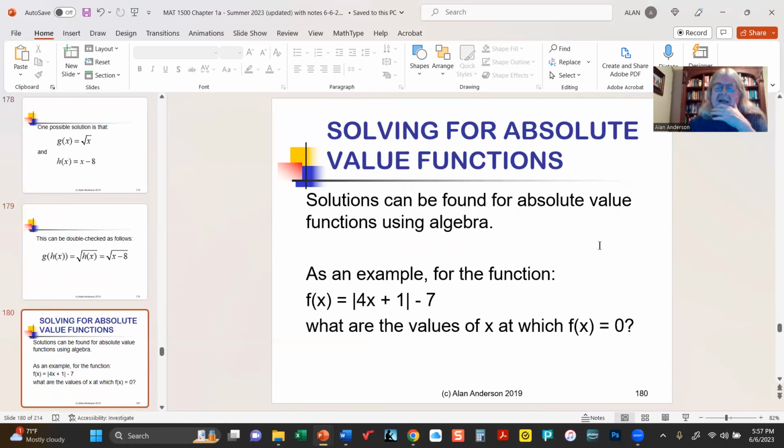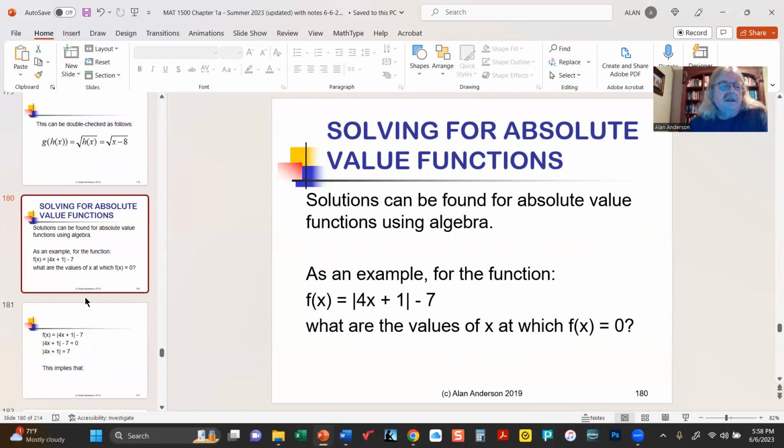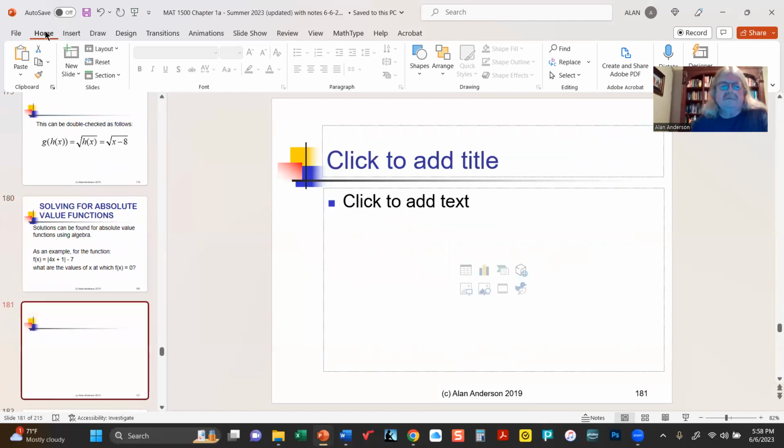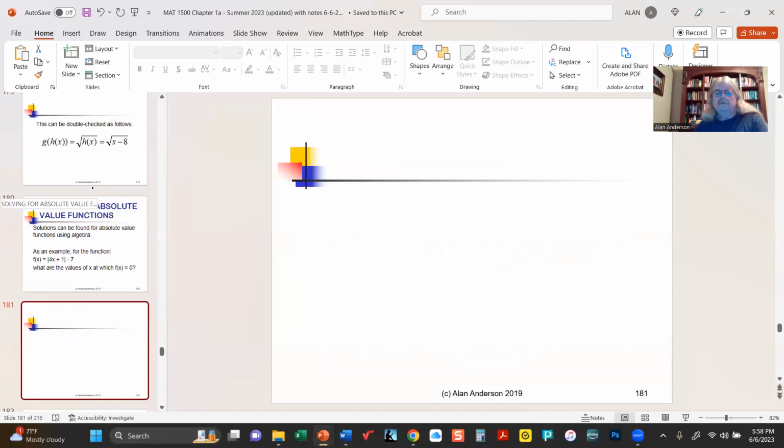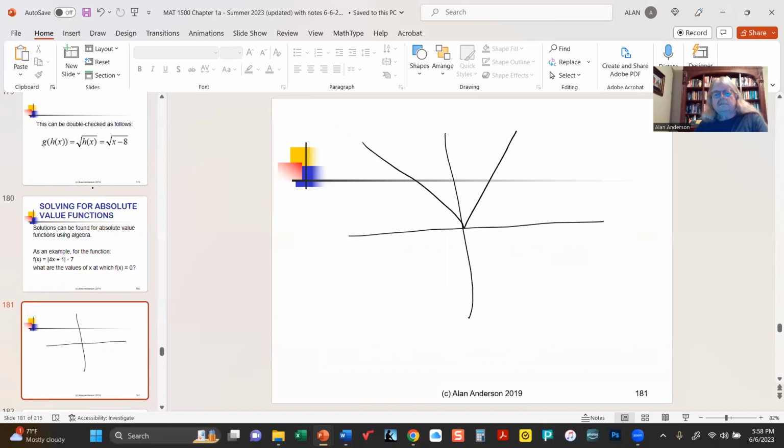Now, absolute value functions, these are kind of a strange type of situation. It turns out that, of course, an absolute value function will always have two solutions. Except, well, actually, I shouldn't say that. The exception is this one. This one only has one solution.